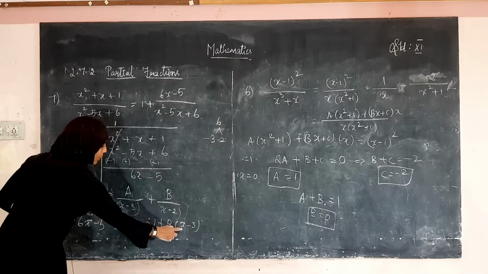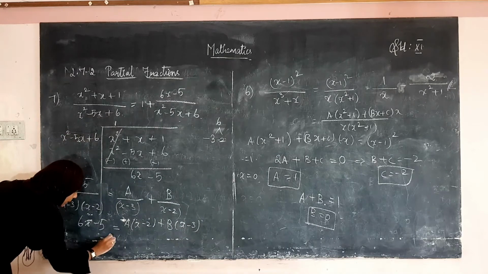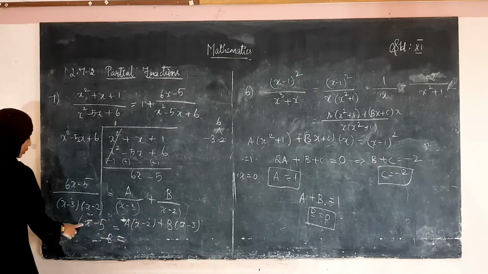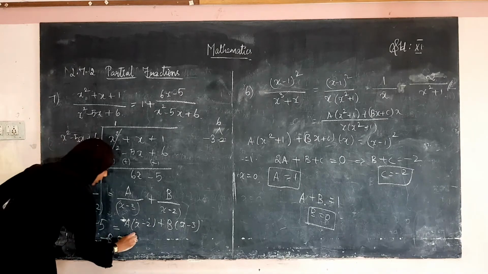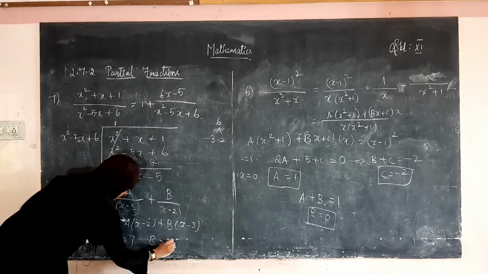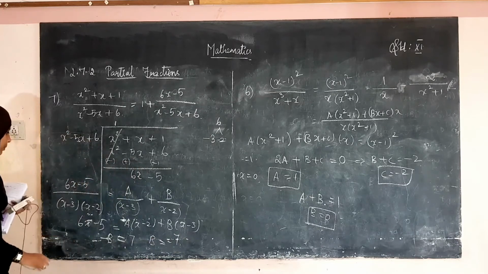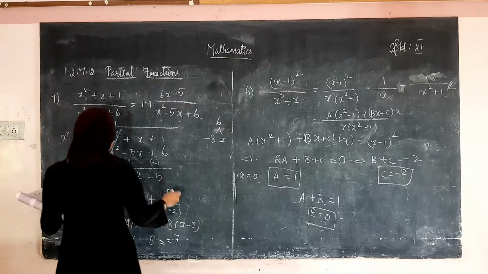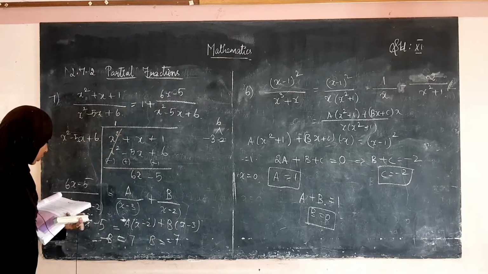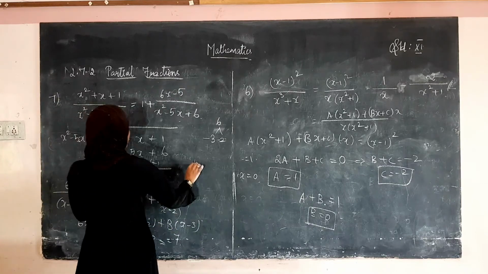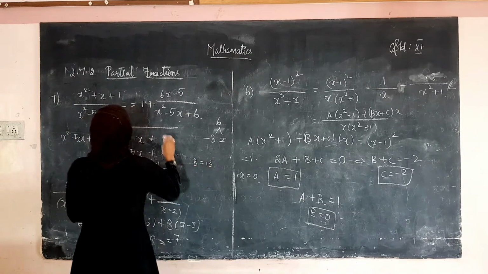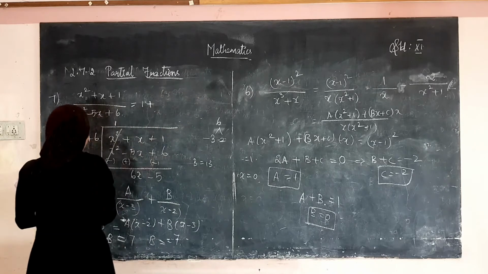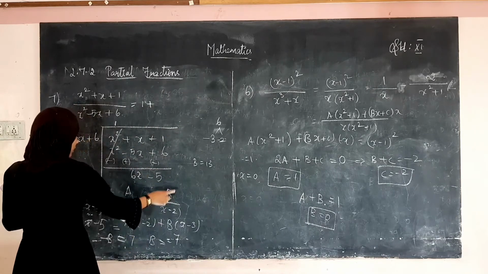Then 6 into 2 is 12, minus 5 is 7. So value of b is equal to minus 7. Okay. And again the next one, substitute the value x is equal to 3. You will be getting the value of a is equal to 13. So here this is resolved like this, right? So 1 plus, what is the value of a?